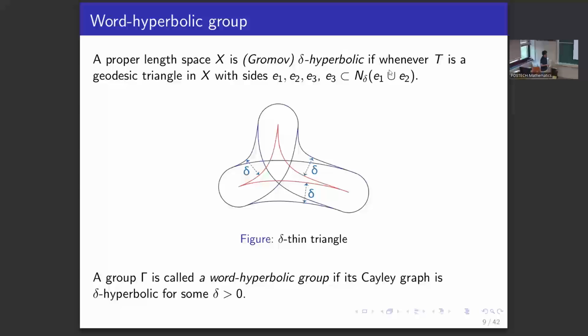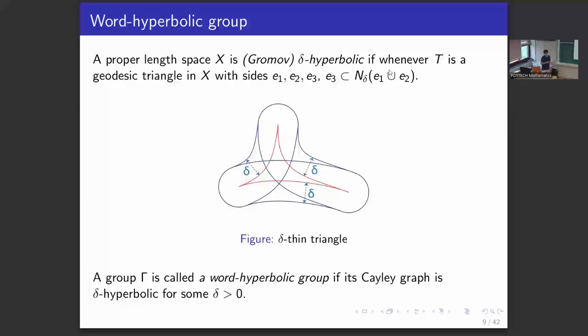So what is a hyperbolic group? Gamma is a hyperbolic group if the Cayley graph is a delta-hyperbolic space. That means the hyperbolic group acts co-compactly on the Cayley graph, a delta-hyperbolic space.